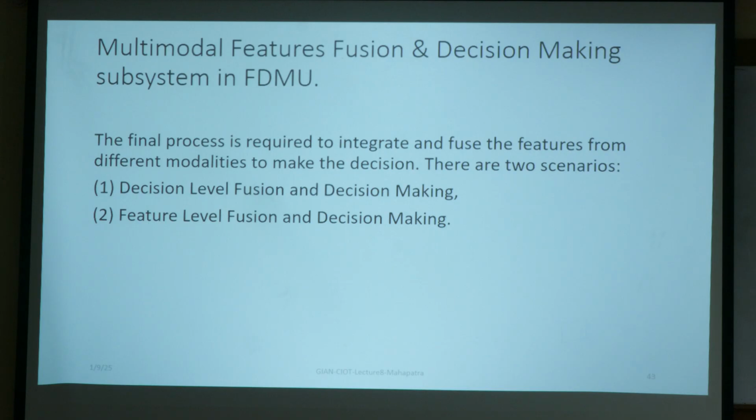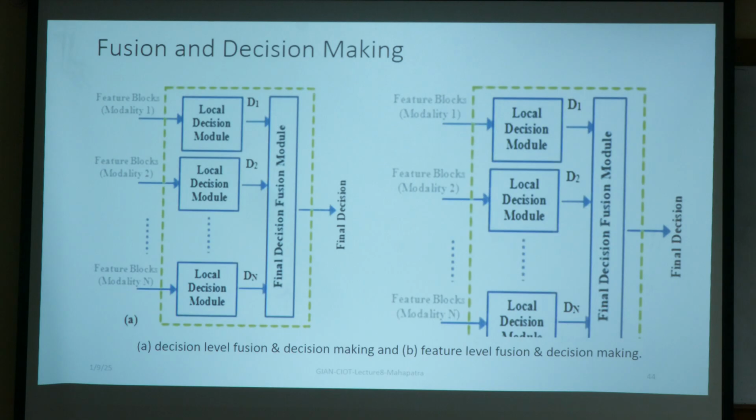Now, multimodal feature fusion decision making subsystem, FDMU, let's see what is inside that. It has decision level fusion and decision making, and next is feature level fusion. Fusion means join, put together, right? That difference, I think there's a picture next to explain it.